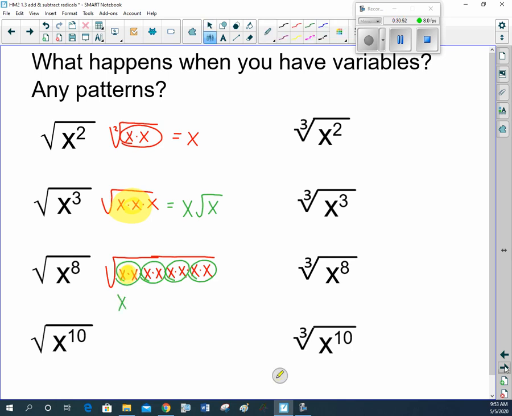Then I do the next one. That comes out as an x. Then I do the next one. That comes out as an x. And then I do the last one. It comes out as an x. So x times x times x times x is x to the 4th. All right, x to the 10th.